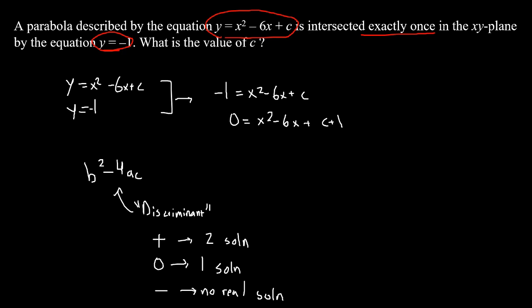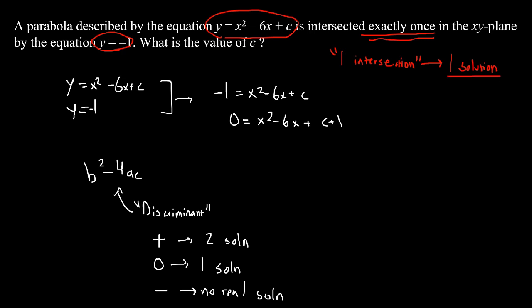All right, so if it says there's only one intersection, now one intersection is just a code word for one solution, because the solution of a system of equations is basically the intersection of the graphs.